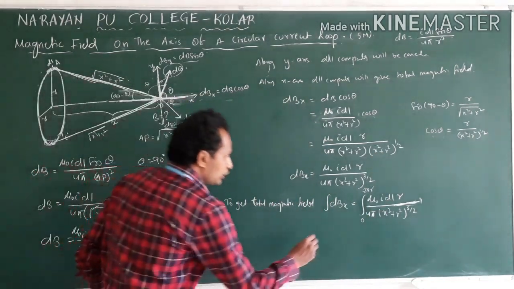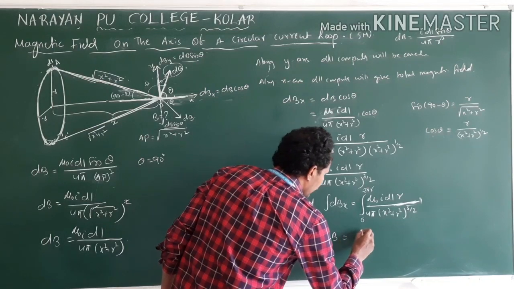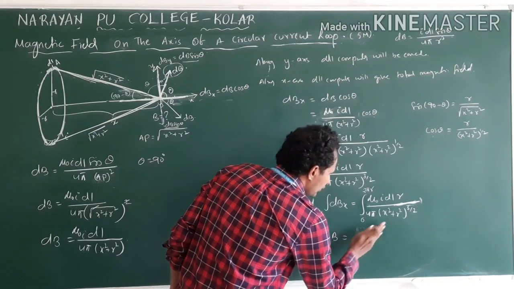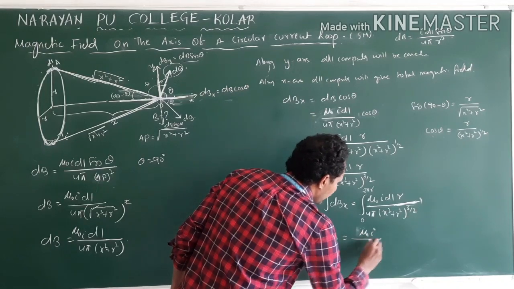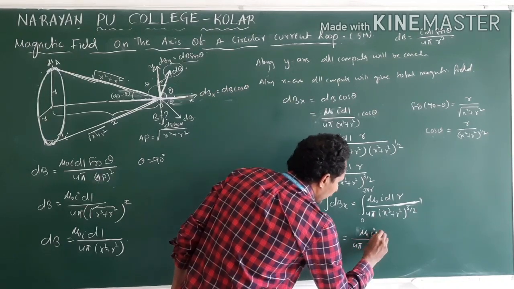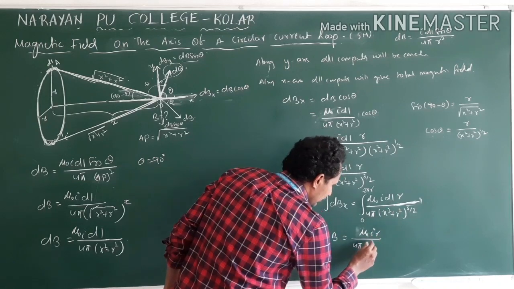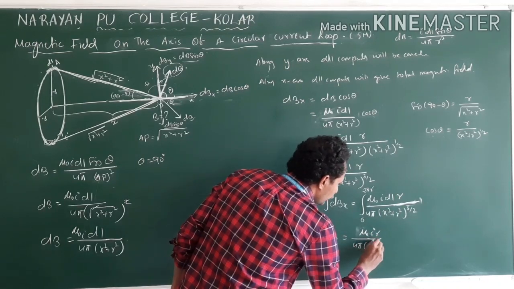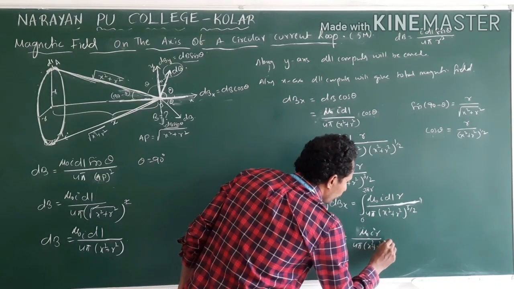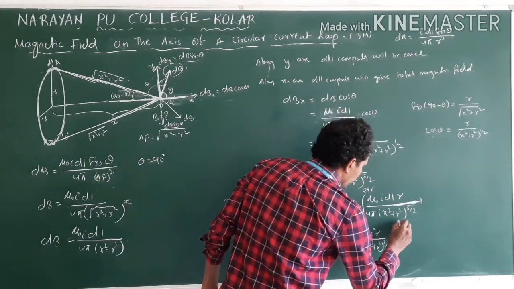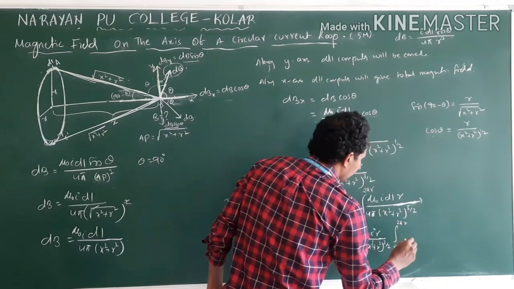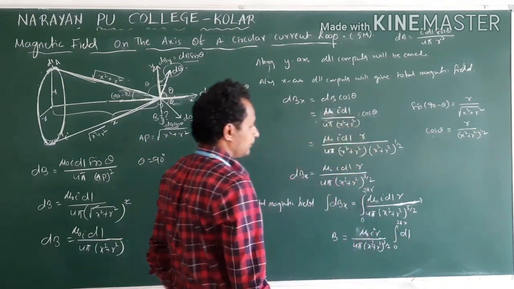Understand? So we get the magnetic field B. The constants you write outside: mu naught I r by 4 pi x square plus r square whole power 3 by 2, times the integration from 0 to 2 pi r of dl.